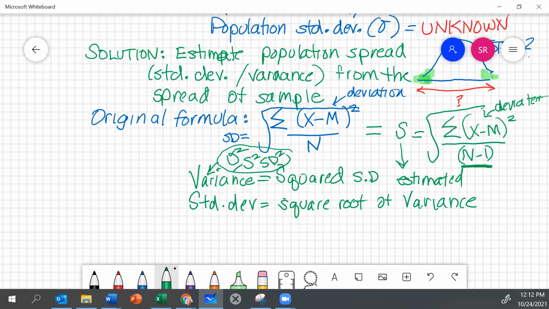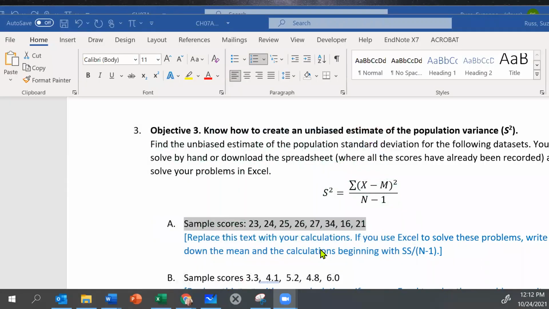So keep that in mind. When you see S squared, all they're talking about is variance as opposed to standard deviation, but they mean just the same thing. So let's look at some data points. In your very first guided practice problem, we have these sample scores, 23, 24, and so forth. And I'm going to copy them and place them into our whiteboard.